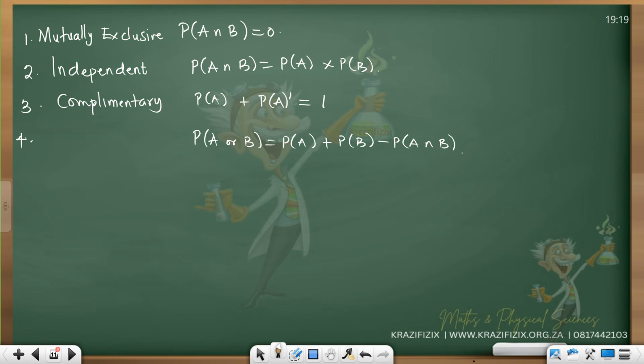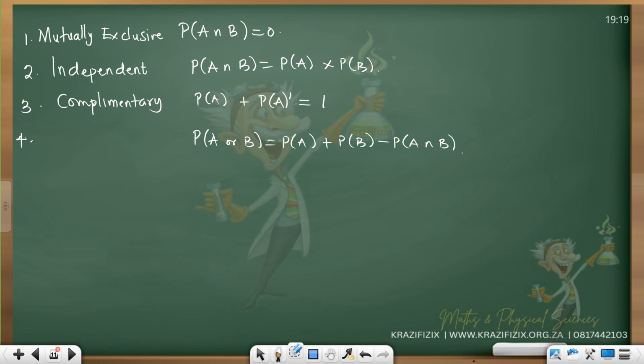And then you have your tree diagram, your Venn diagram, contingency table. I pray they bring you a contingency table. That's the easiest. Your tree diagram can be hectic sometimes.